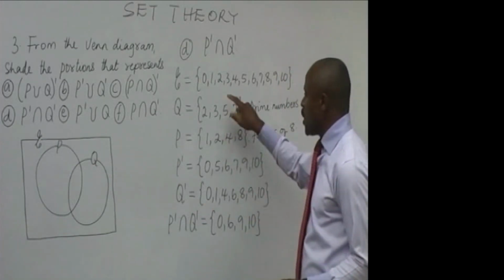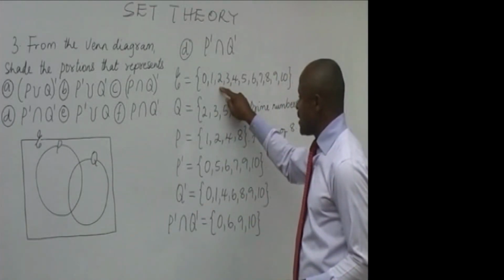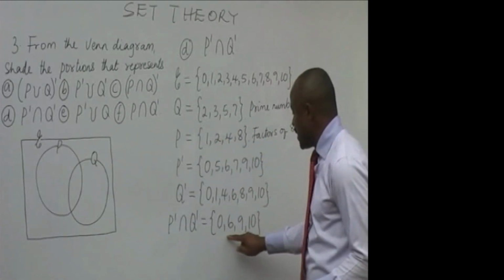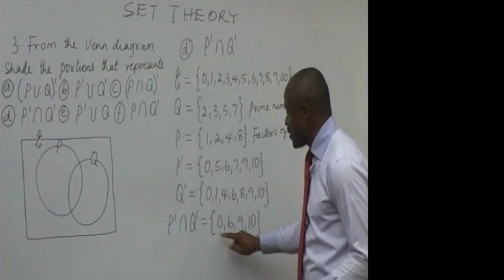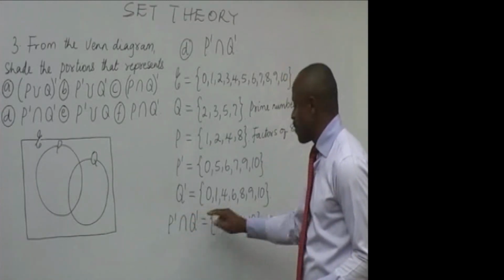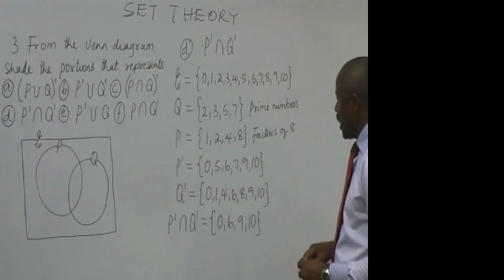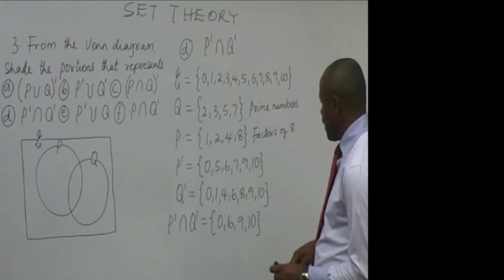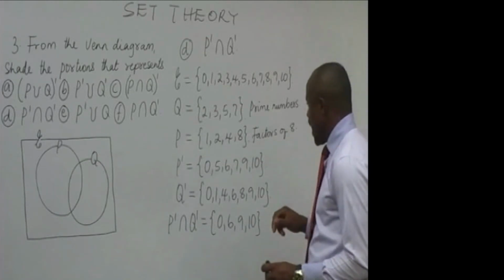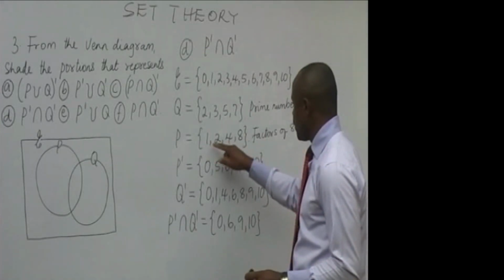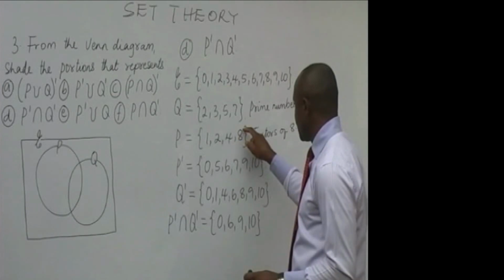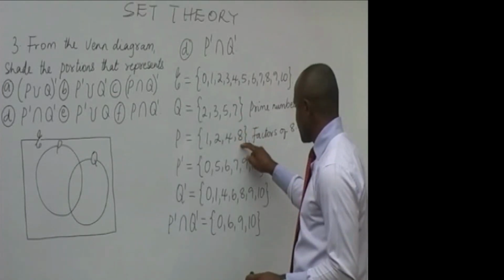Now go to the universal set, set P and set Q, and find what is significant about this P prime intersection Q prime. Now we have 1, 2, 3, 4, 5, 7, 8.